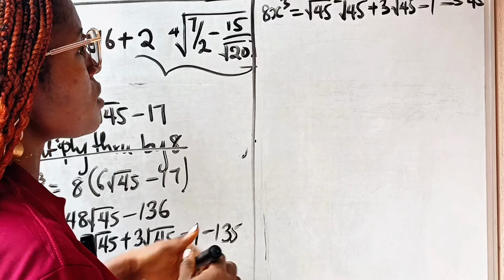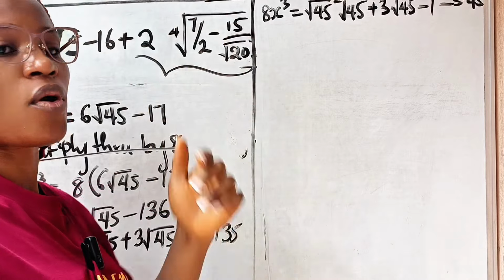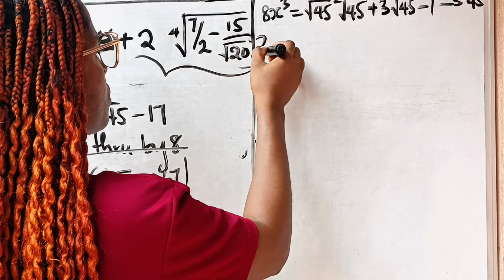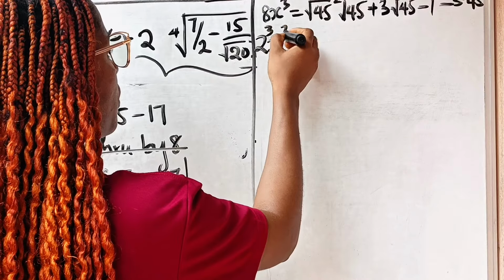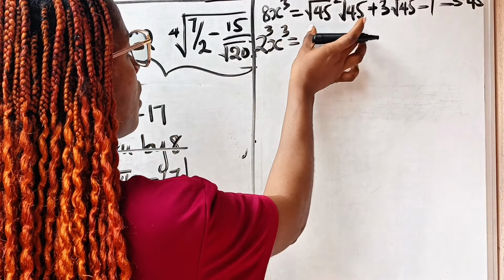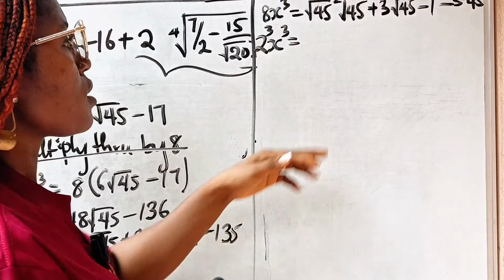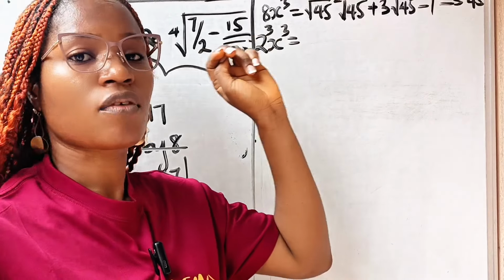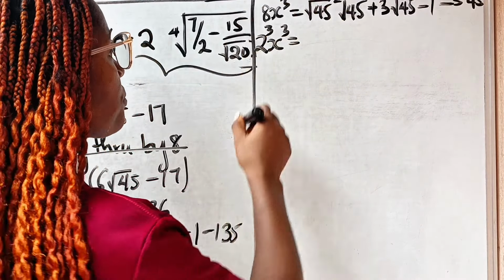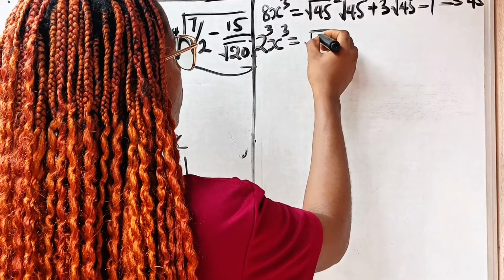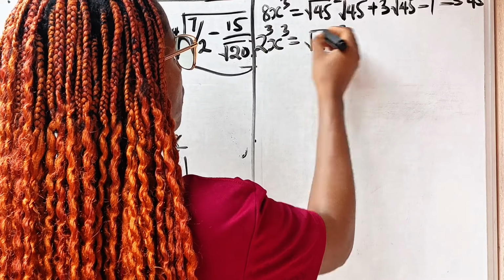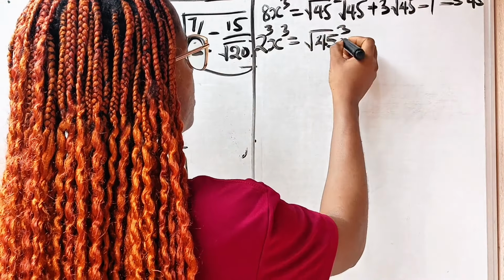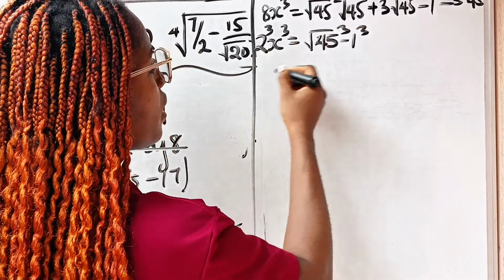Now moving forward, 8 is the same thing as 2 to the power of 3. So we have 2 to the power of 3 x to the power of 3 is equal to, now square root of 45 squared multiplied by square root of 45 will give us square root of 45 to the power of 3. Then let's bring this minus 1 to the power of 3.